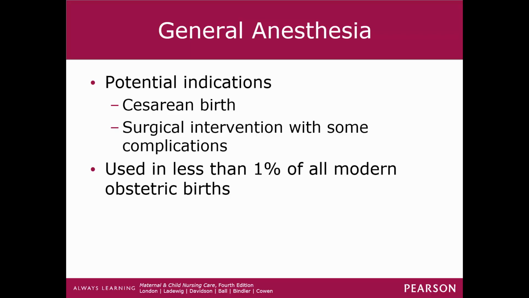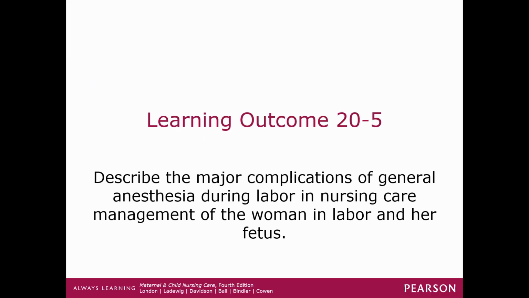When anesthesia does a spinal, if they're really quick, it could take just a couple of minutes. Do we have time to do a spinal? If not, then we go to, excuse me, general anesthesia.